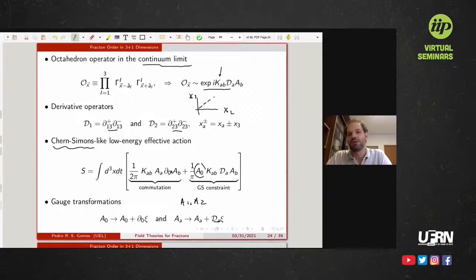But you see here we have fields A1, A2, A3, and A4, and the number of fields is related to the size of the local Hilbert space, how many degrees of freedom you put on each site of the lattice. So in this sense, I think this is not a completely topological theory. It has some properties.